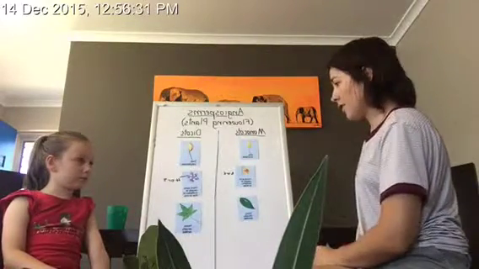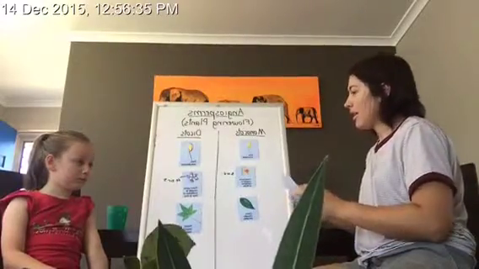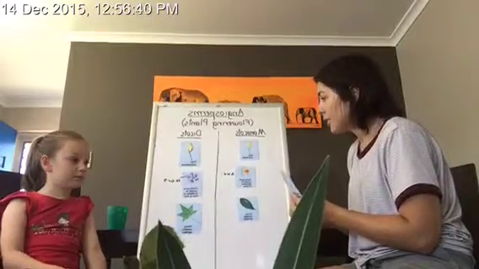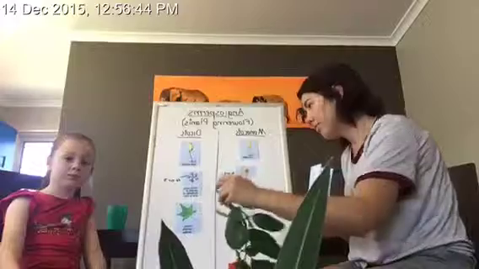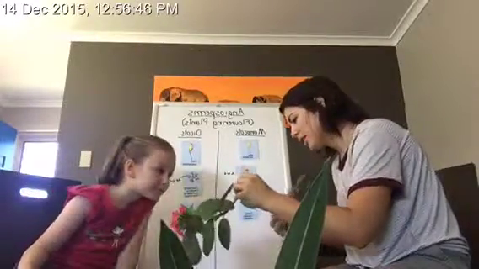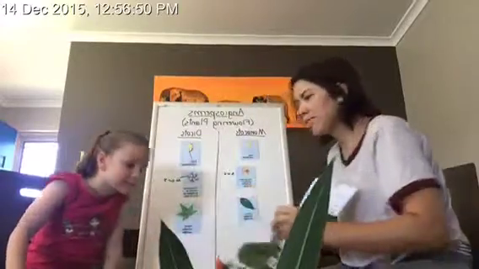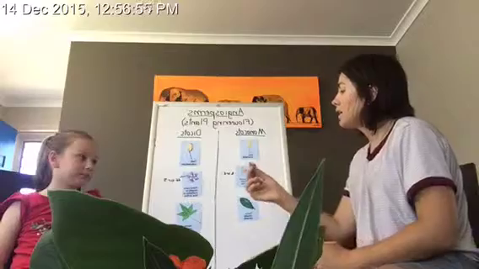If we had a magnifying glass, we'd be able to look at the stem, and that would help us tell our monocots and dicots. We could cut this here and use a magnifying glass, and we could look at it and think, ooh, which one would that one be? Unfortunately, we don't have a magnifying glass, so we're not going to do it like this today, but have a look at these.